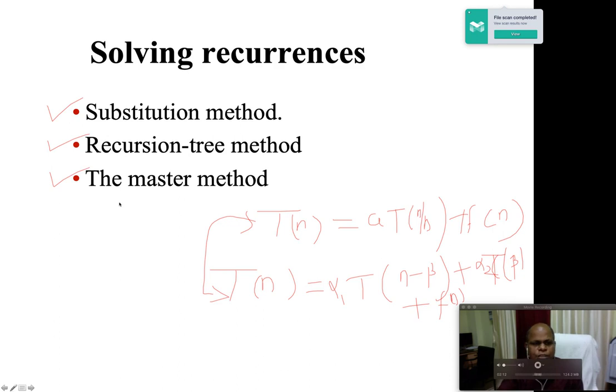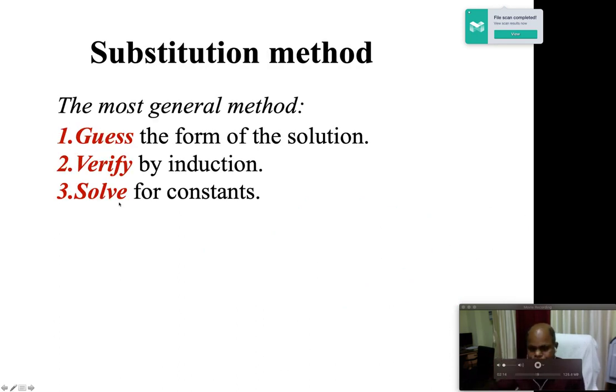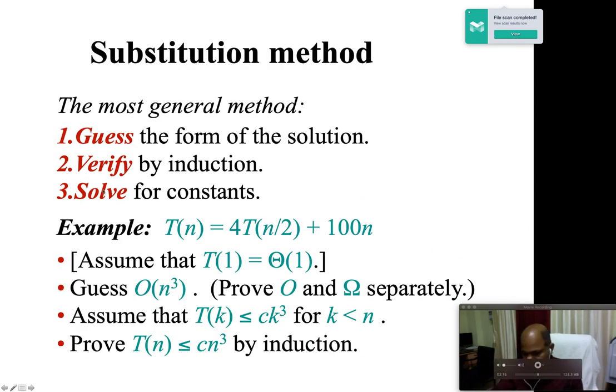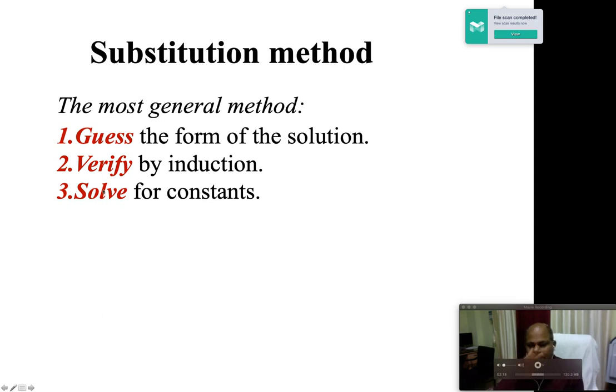Now, in the substitution method, what will happen? You will guess the solution, because you will substitute the solution and verify it using the method of induction and solve for the constants. For what constants does the recurrence relation satisfy?